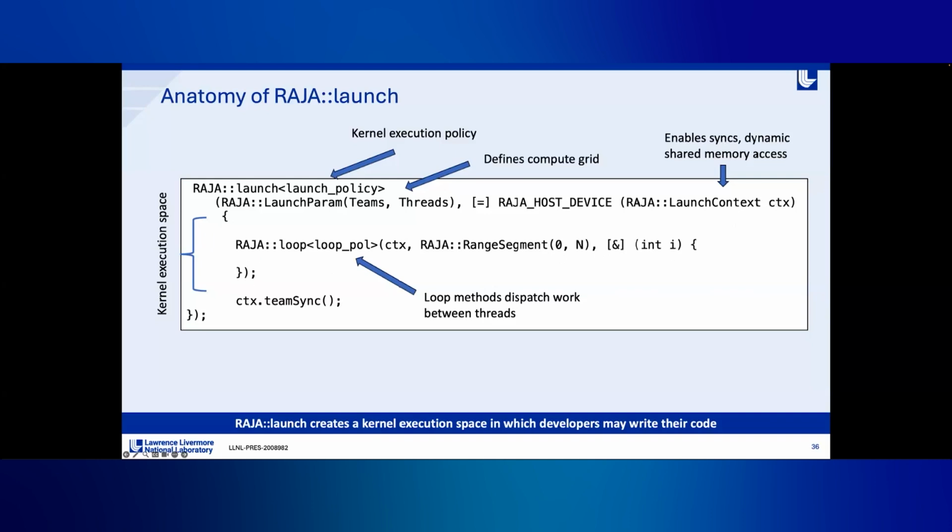We want to capture that context by reference to guarantee that we're synchronizing correctly between different threads. So this is the basic structure of a Raja launch, and you can see it's inspired directly by different CUDA and HIP programming abstractions.